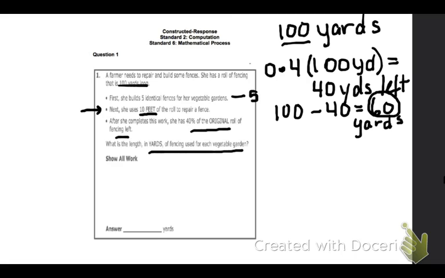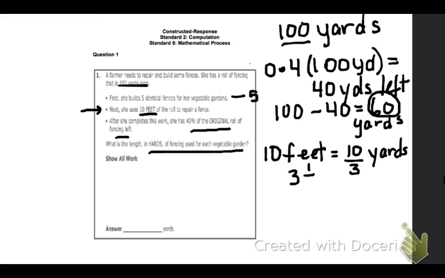So what I'm going to do here is I'm going to let 10 feet, right, is actually 10 divided by 3 yards, which is 3 1/3 yards. So she used 10 feet, which is the same way to say that as 3 1/3 yards. And then when I'm dealing with yards, it makes a lot more sense.